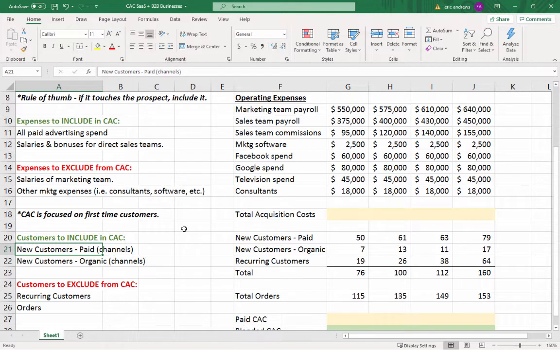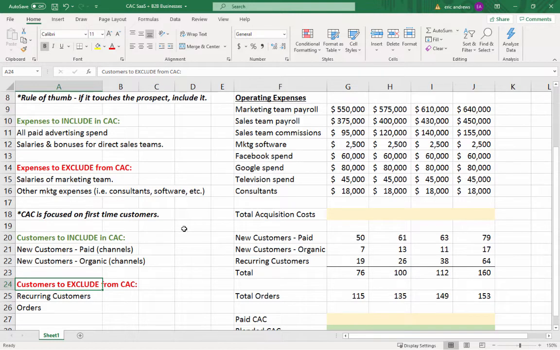We usually break these out into two categories. You have your customers coming from your paid advertising channels, so anywhere where you're serving ads. And then you have customers that come from what's called organic channels. Those customers are coming in for free through things like word of mouth, referrals, search engines. It could be social media, but organic posts where you're not paying to advertise. Those are basically free new customers.